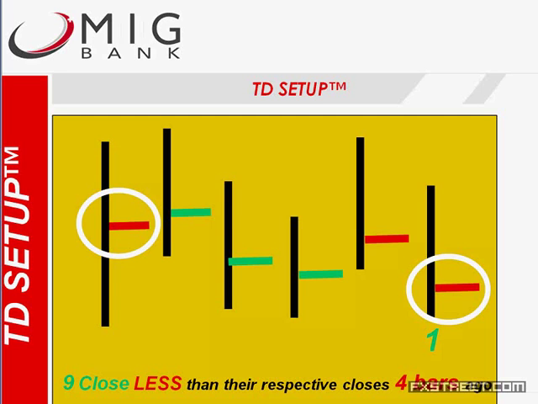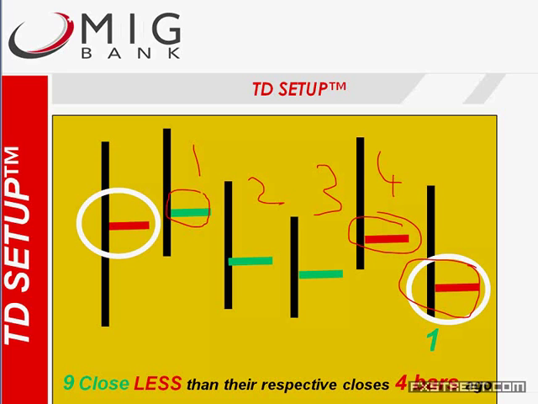Once we've had the activation bar, which was here, the next bar is bar 1 of a 9 bar setup sequence, and that sequence needs to have a close less than the respective close 4 bars ago. Again, we can count 4 bars previous, 1, 2, 3, 4, and you can see this close is lower than this close here.